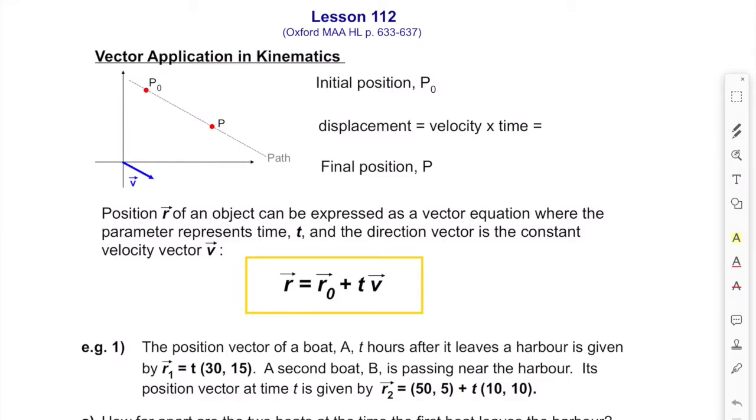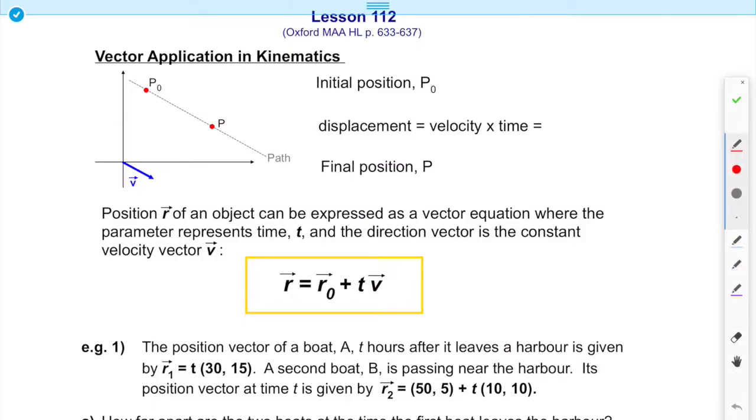So how can we represent displacement in kinematics? Notice how displacement is really velocity times time. If I use t to represent time, then in vector form, tv would be the displacement vector.